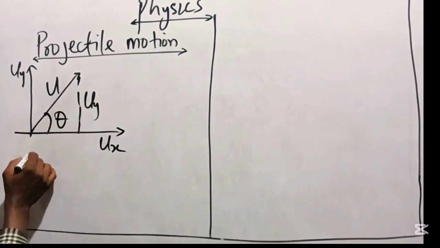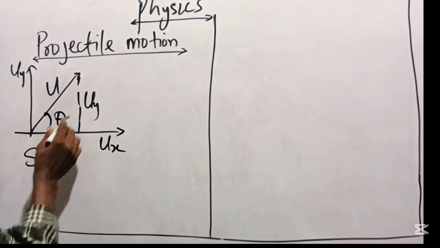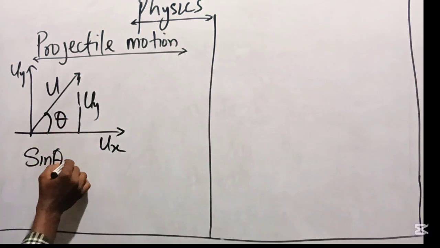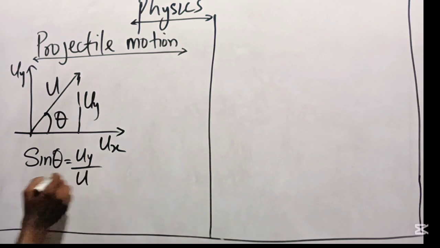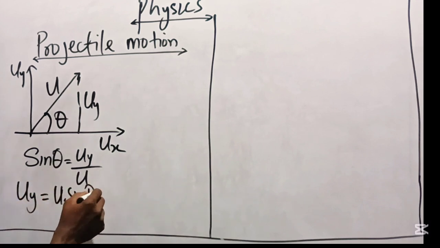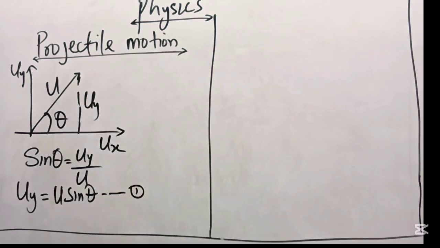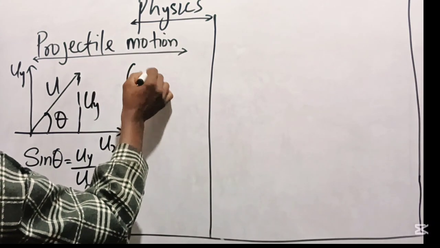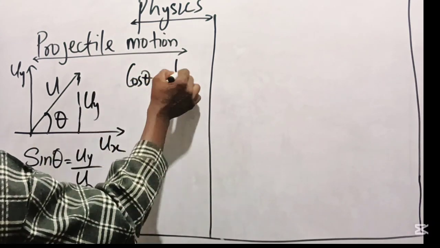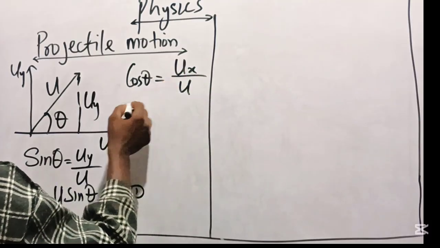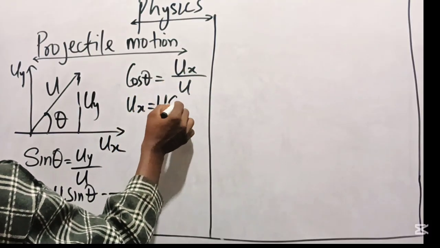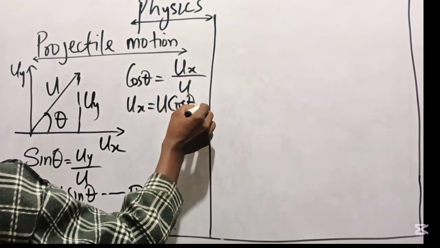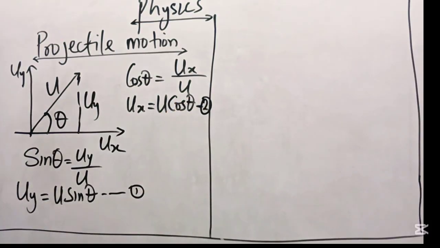Sine theta is opposite over hypotenuse, which means that uy is equal to u sine theta. Call this equation 1. Then cos theta is adjacent over u, so that ux is equal to u cos theta, equation 2.